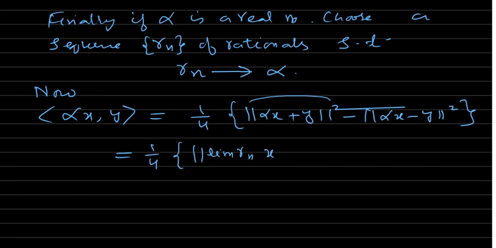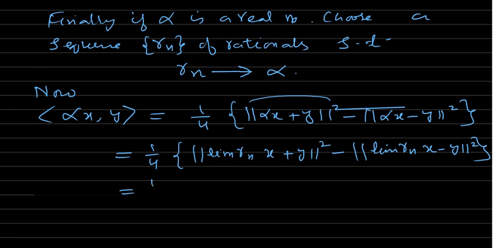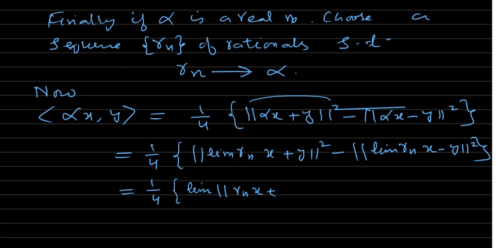Then we have the limit of Rn x plus y whole square minus the limit of Rn x minus y whole square. Now we can take this limit outside the norm, because the norm is continuous.